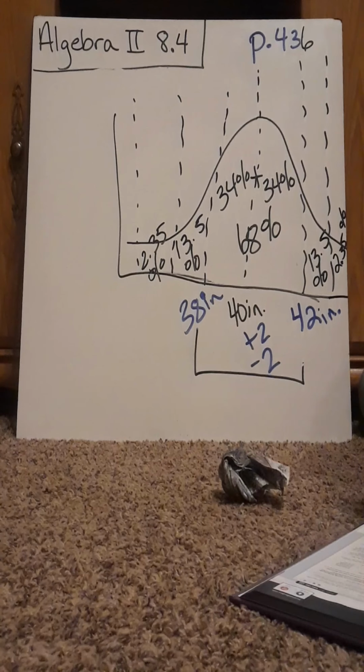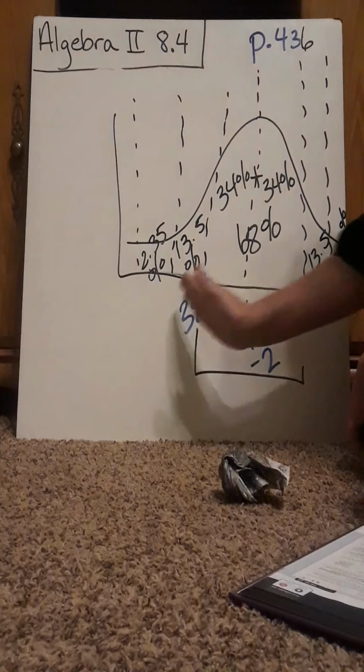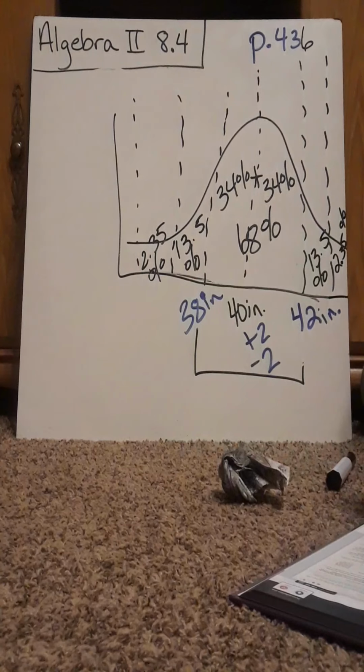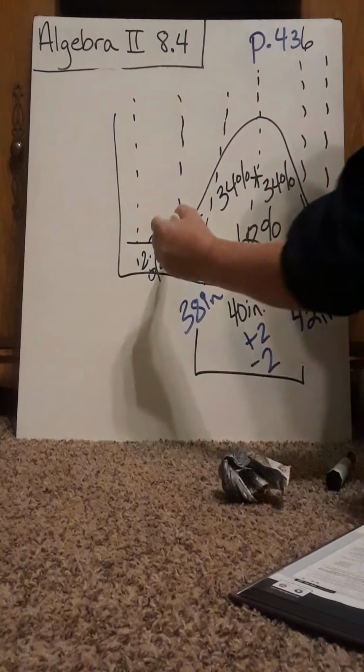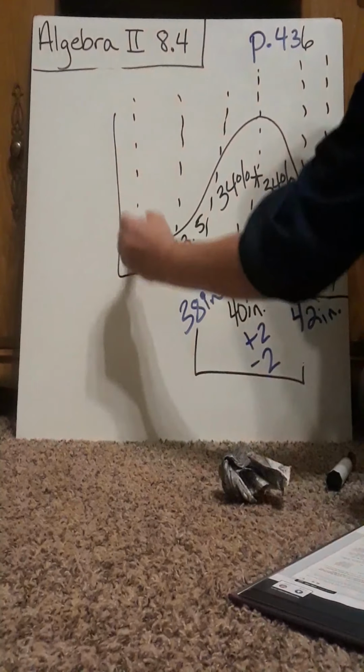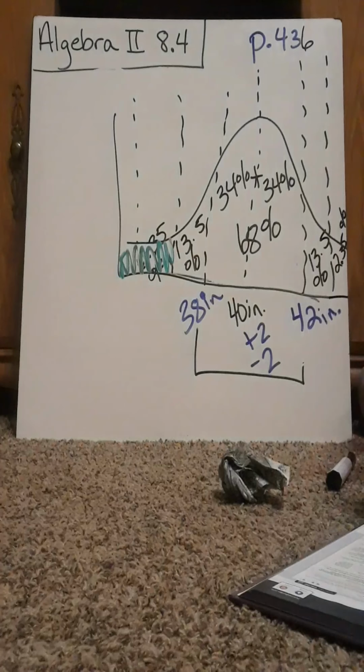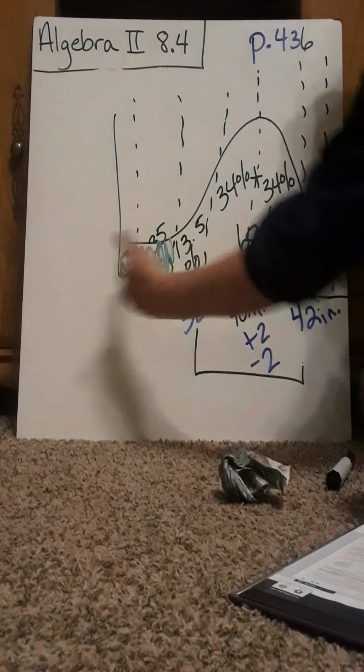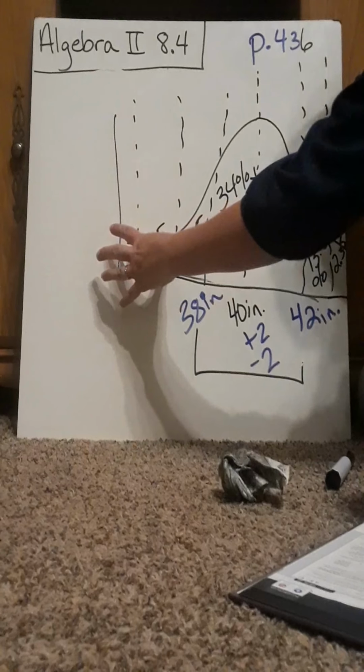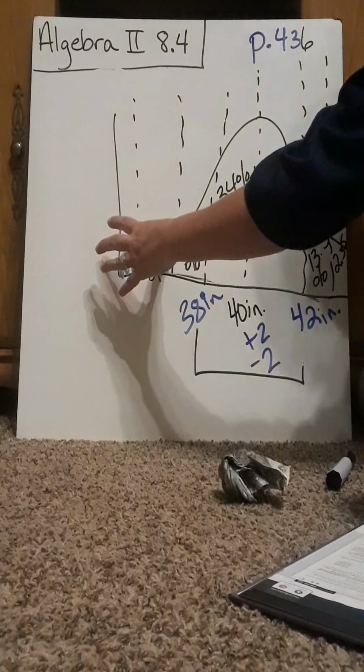Okay, so let's go back to the question. What would you expect the chest measurements to be for the 2.5% of the men with the smallest chest measurements in the population? That's going to be, here I'll color it, that's going to be this part of our data right here. Here's your smallest 2.5% of your data, okay?